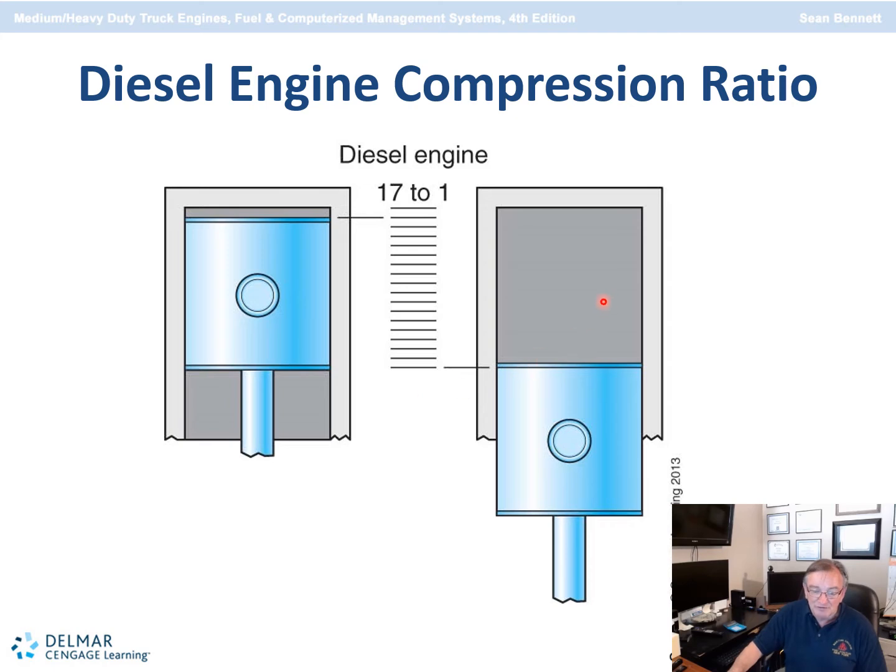Diesel engines such as the Detroit Diesel 15-liter are 18.4:1. So they're still using a 17 to 18:1 compression ratio in modern over-the-road tractor engines.